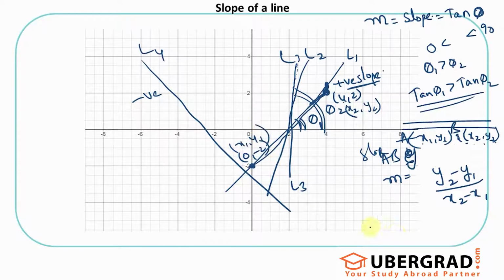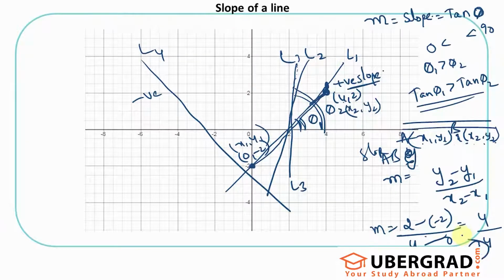In that case, what is the slope of the line? y2 is 2 minus y1 which is minus 2, by x2 which is 4 minus x1 which is 0. So 2 minus of minus 2 is 4, by 4 is 1. The slope is 1. You can do the same by taking this as x2 comma y2 and this as x1 comma y1.